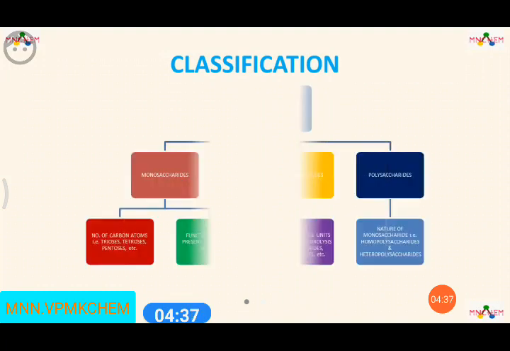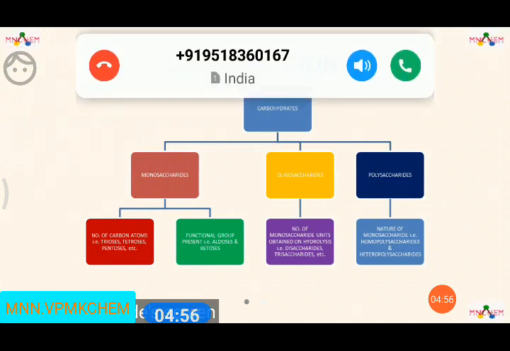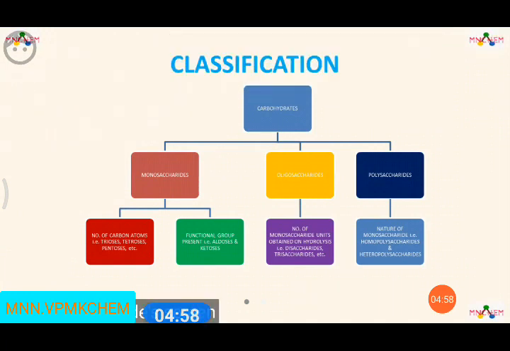So when we do the classification of these carbohydrates, the word used most of the time is saccharide. Carbohydrates are classified into three broad groups: monosaccharides, oligosaccharides, and polysaccharides. The monosaccharides can be further classified based on two criteria. First, the number of carbon atoms present in the monosaccharide.